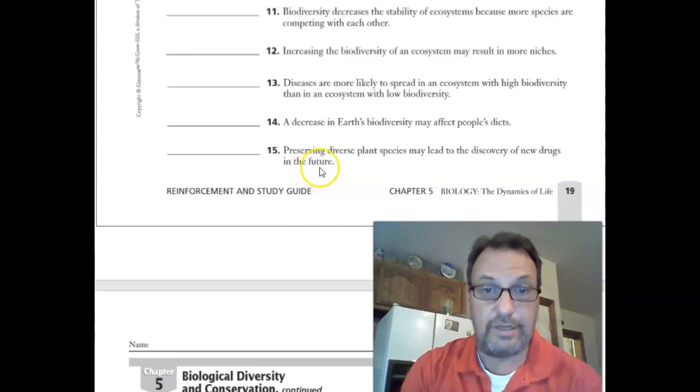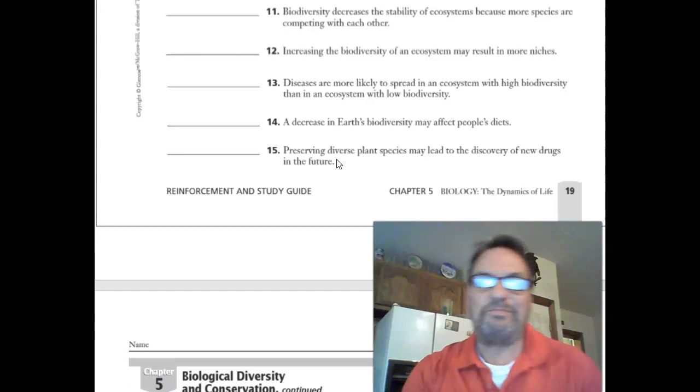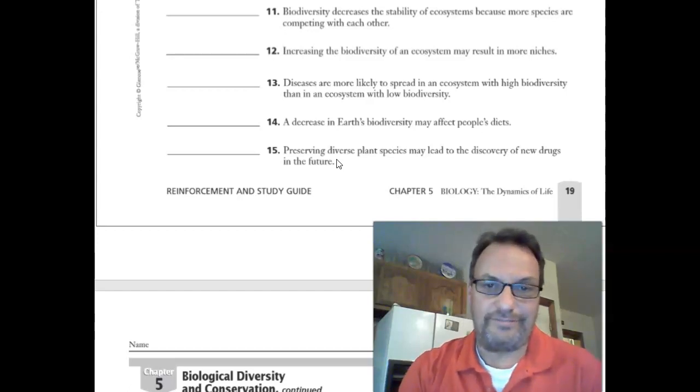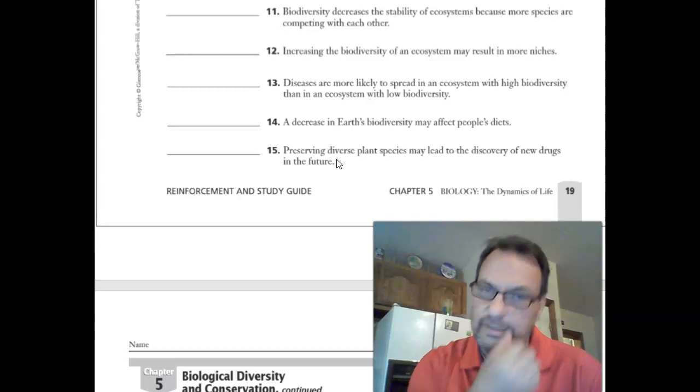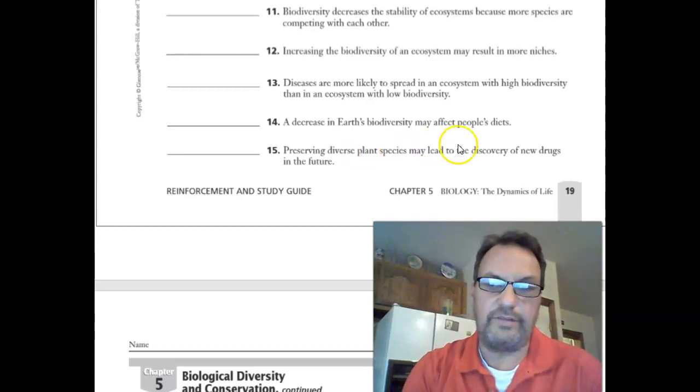And yes, we're talking about pharmaceutical drugs, not the kind of drugs that you don't need to be using. But we definitely need to save these different plant species because there may be a cure that we find from one of these that we may need in the future.